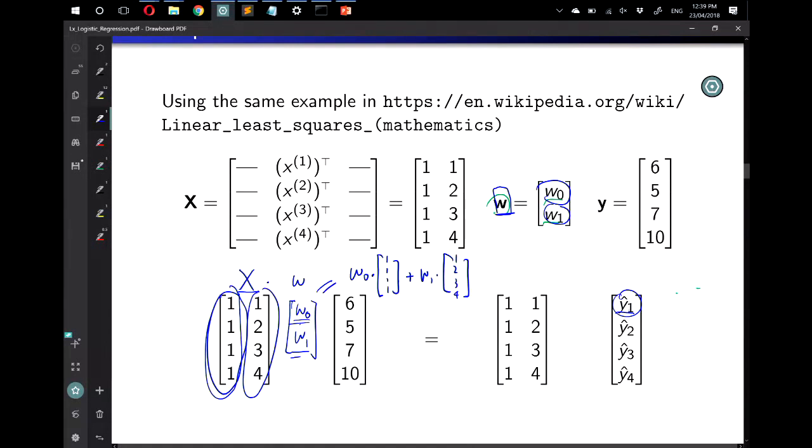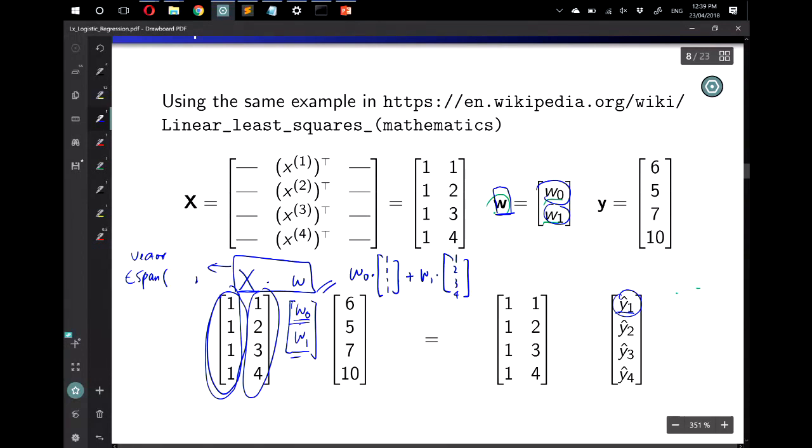You can take any W as long as it's good from a certain perspective. All this XW does is give you a vector belonging to the span of the first column and the second column of X.